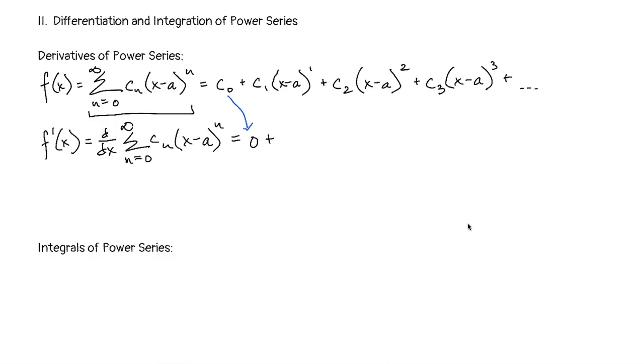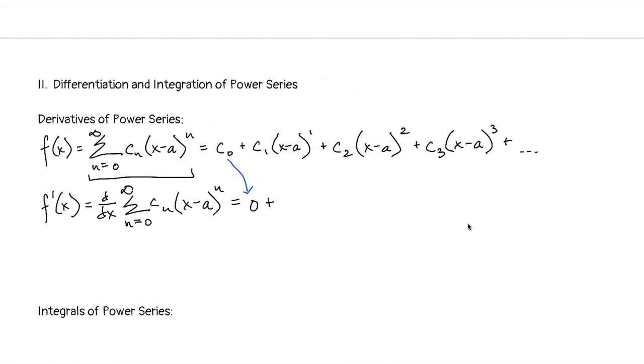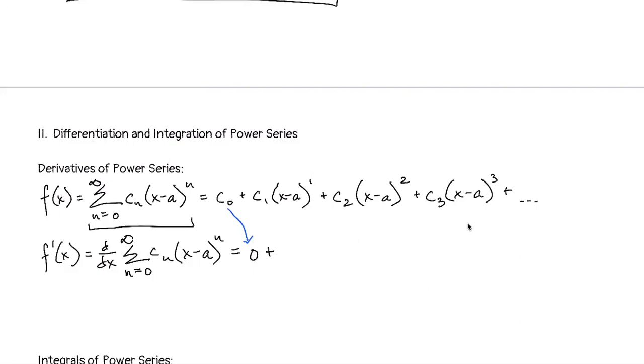No, I don't get 1. Nope, I don't get x minus a. c sub 1. Yeah. All right, how are we getting c sub 1? If I take this derivative, I have my constant. Constant multiple rule says I keep the constant where it is.